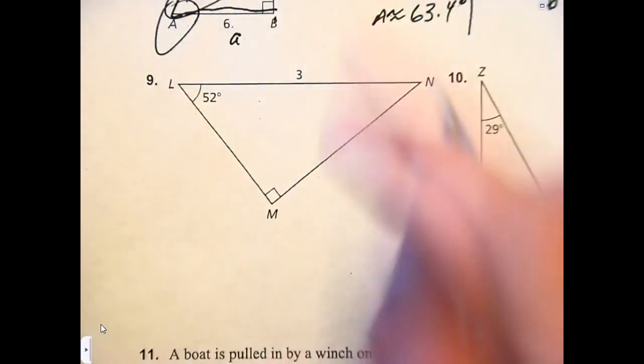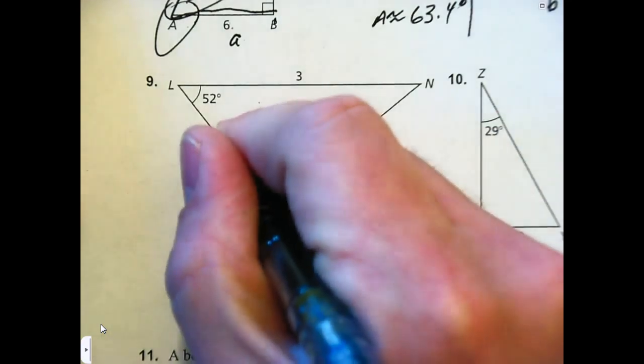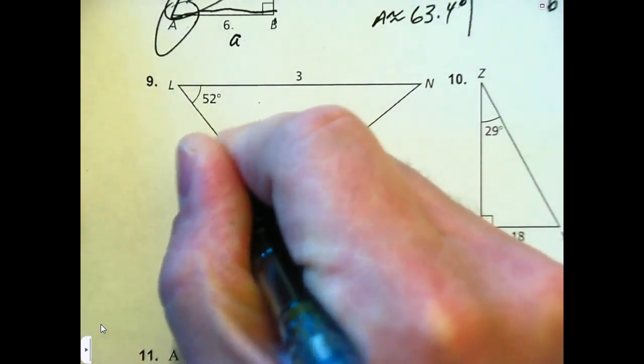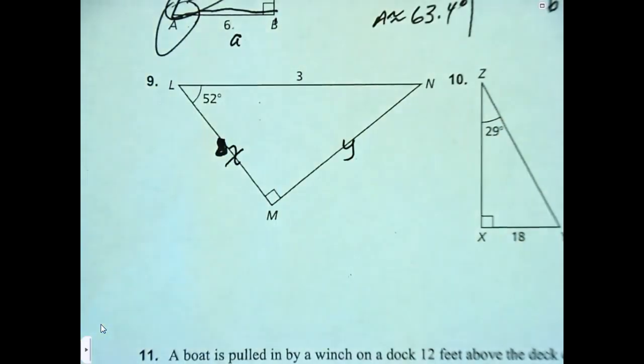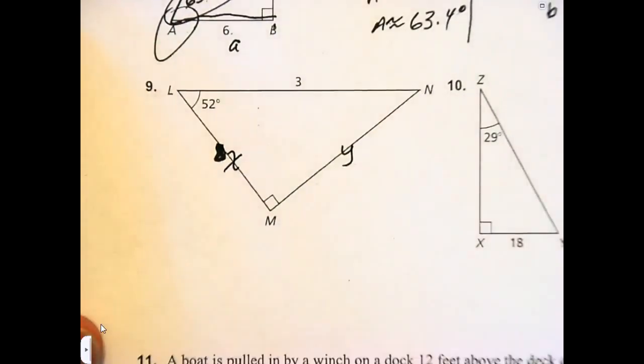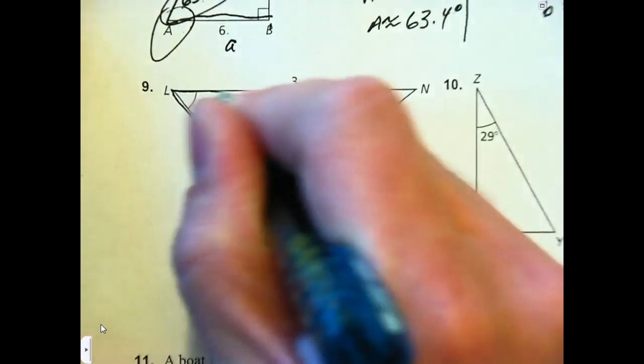Okay, so on number 9, it's a bit different. You have 2 sides. So I'm going to call one y. Actually, I'm going to call this one x. X and y. Okay? So you can't use the Pythagorean theorem to begin with to figure out a side length, but what you could do is, if you wanted to, you could trace this angle.